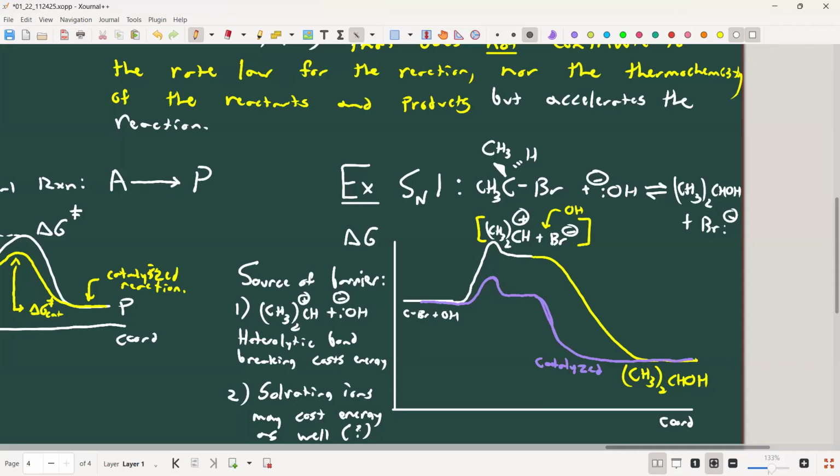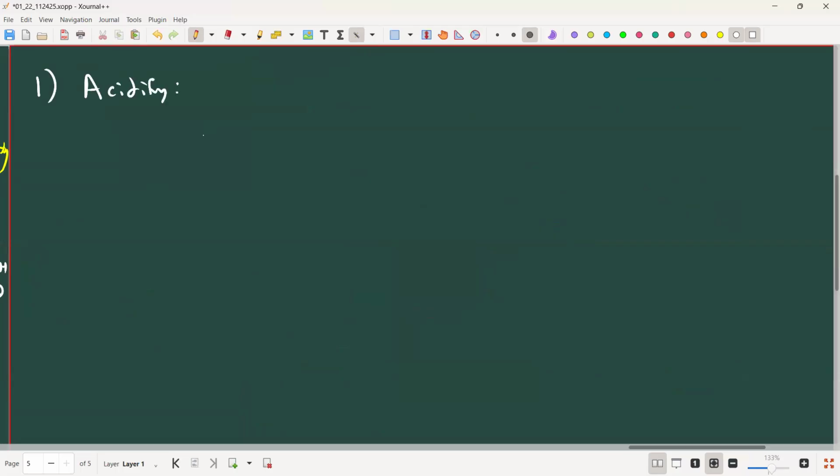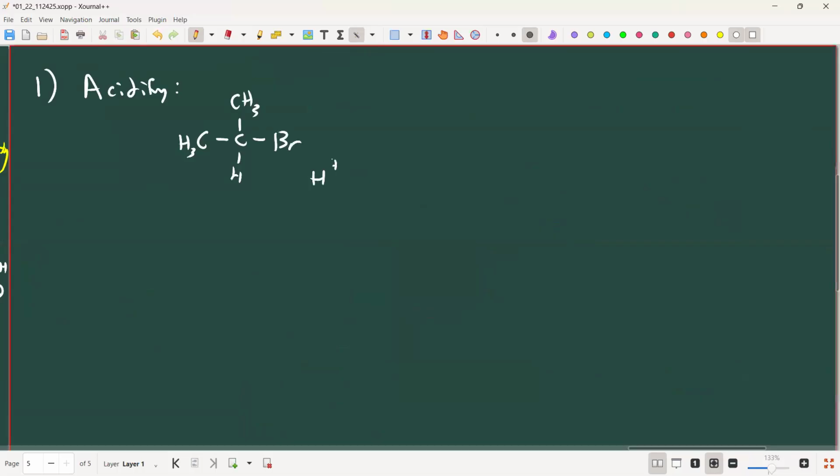What happens when we acidify? So one option could be acidify. But the question, of course, is that you have an H plus floating around somewhere. Where does that H plus go here? Not immediately clear.